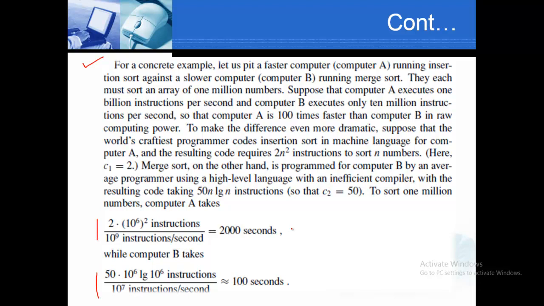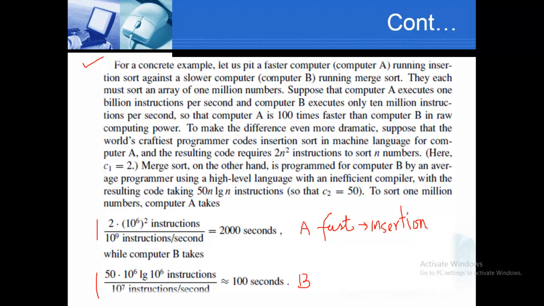This computer is A, a fast computer, running the insertion sort algorithm. Two different algorithms are applied over there.